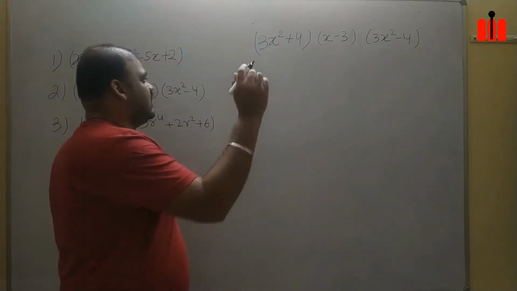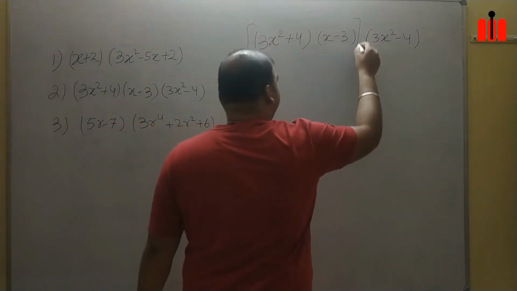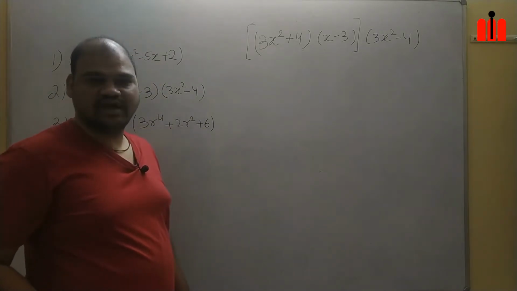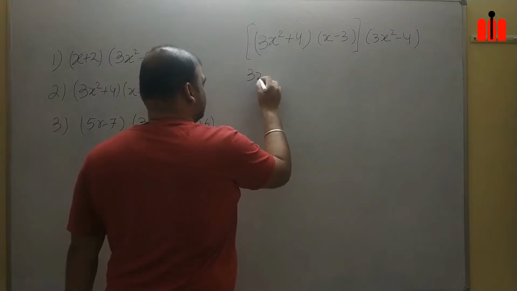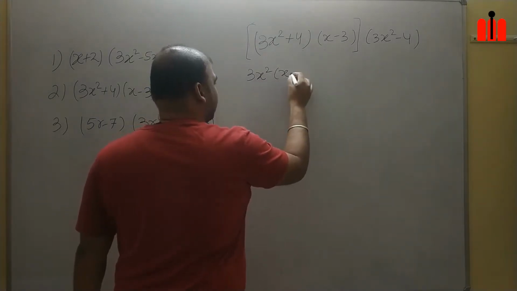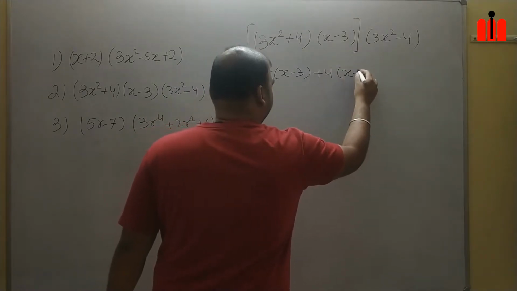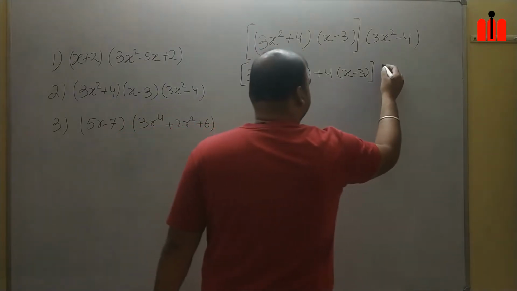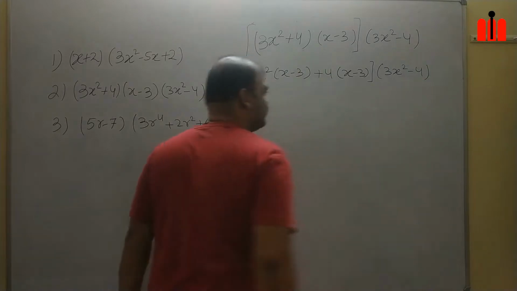Okay, so how will we do that? First we will take these two as one pair: 3x² + 4 into x − 3. So 3x² will be multiplied with x − 3, plus 4 will be multiplied with x − 3. This will be in a bracket. After that, 3x² − 4.